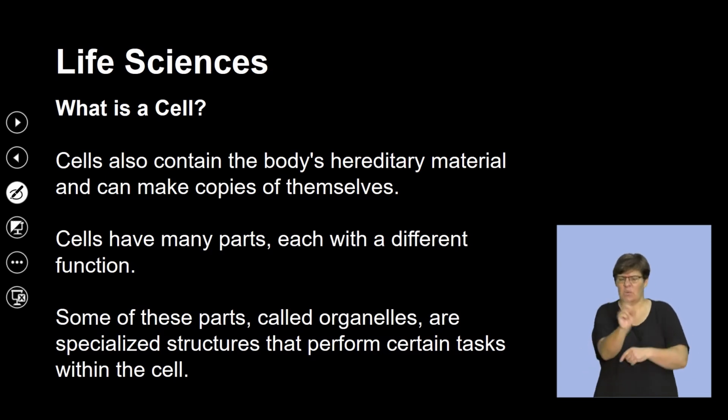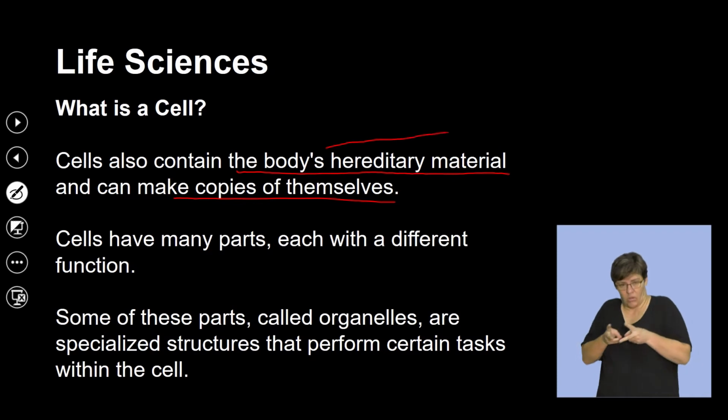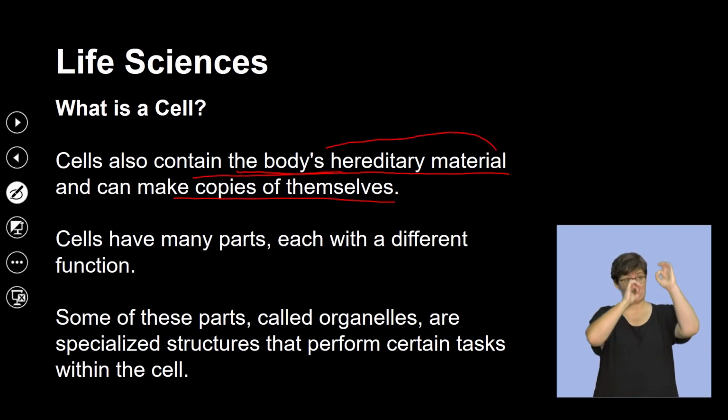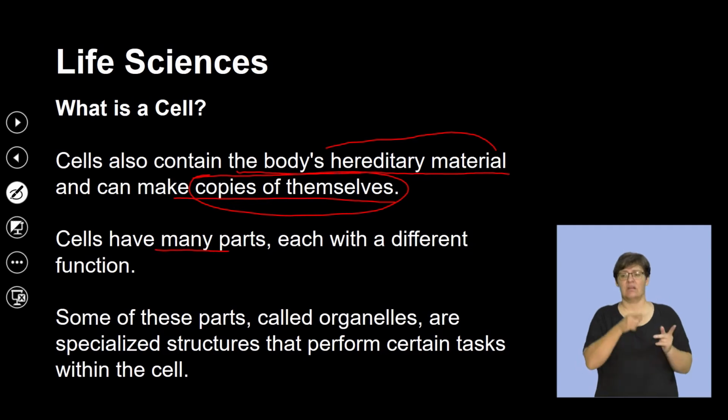Cells contain the body's hereditary information or material that can make copies of themselves. So cells contain the genetic information that allows for cells to have the same genetic information when they copy from one to the next. Cells have many different parts, each with different functions, and we refer to those as organelles.